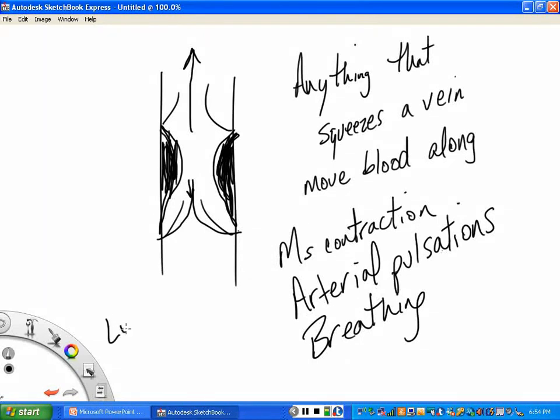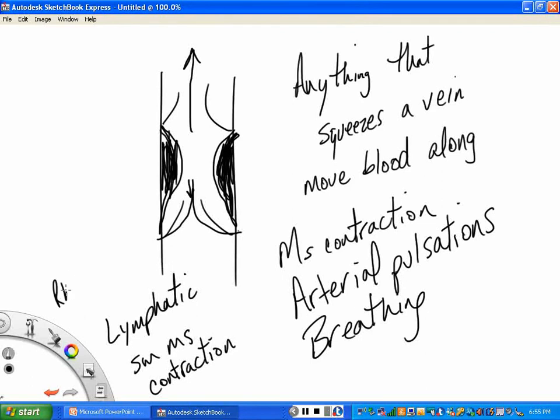Now, in the lymphatic system, we need to add smooth muscle contractions. Lymphatic vessels rhythmically contract. Our veins aren't doing that, but our lymphatic system does.